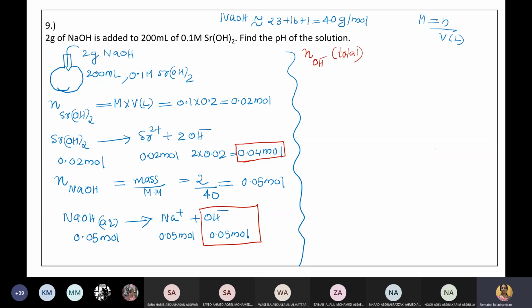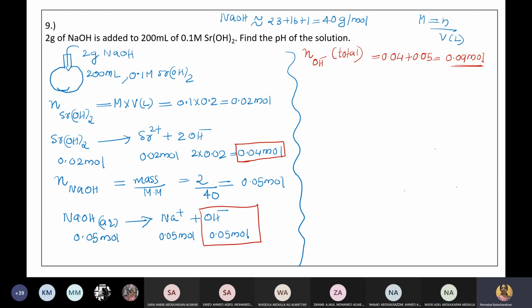So now, the total number of moles of OH minus: initially, from Sr(OH)2, we had 0.04. Now, from NaOH, we have 0.05. So total, how much do we have? 0.09 mole, correct?